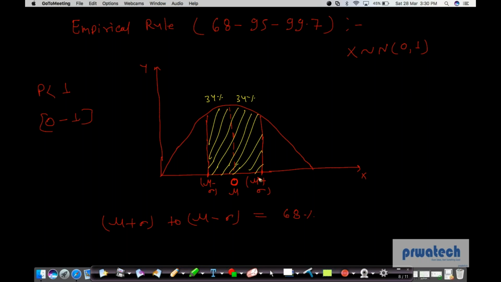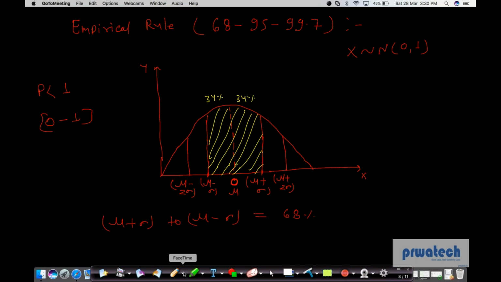Now when you are two standard deviations away from the mean, two standard deviations away from the mean means mu plus two standard deviations, and mean minus two standard deviations. So away and below, two times from the mean.